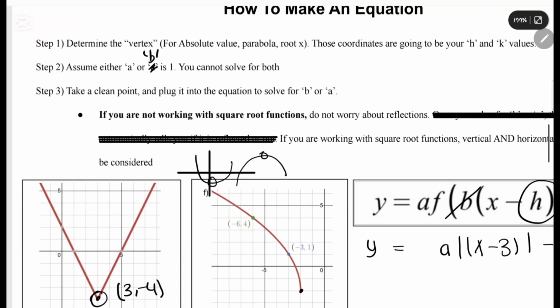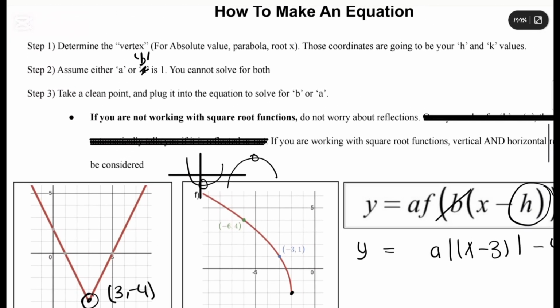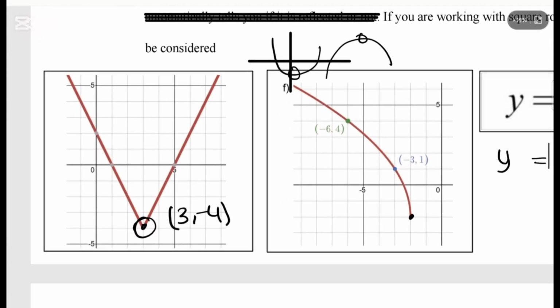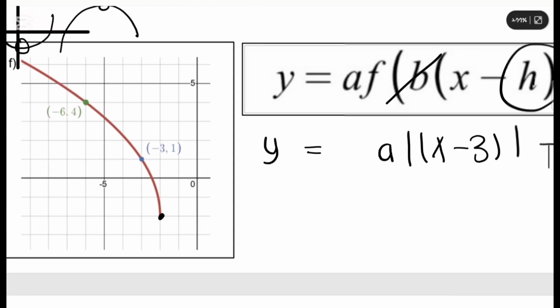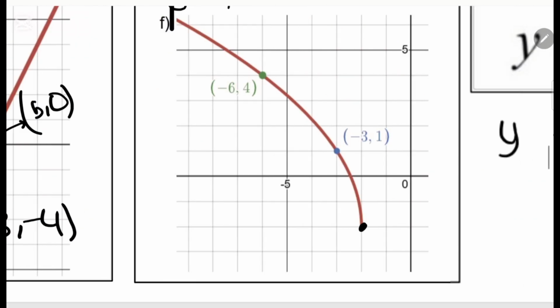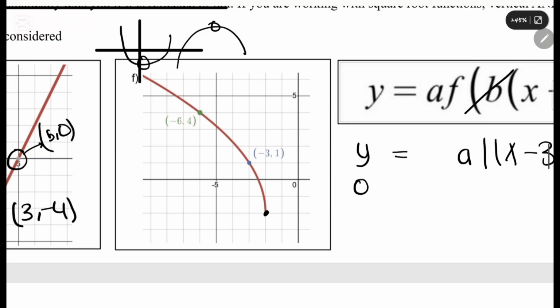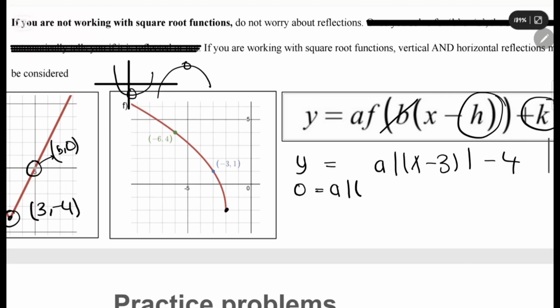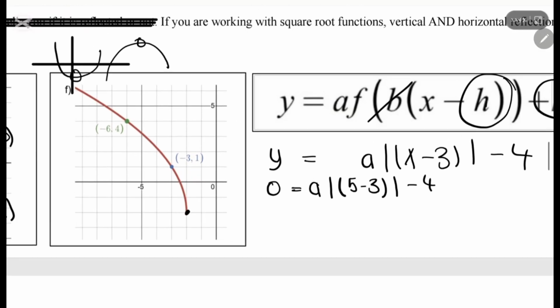And then our last step is to take a clean point and plug it into the equation to solve for b or a. So basically, take any clean point and plug it into x and y to solve for the a value. This one is going to be (5, 0). So let's plug it in. y is 0 equals a absolute value of x minus 3 minus 4.